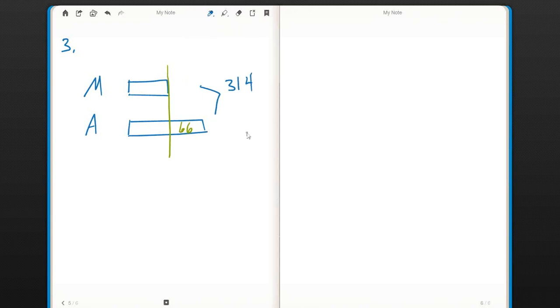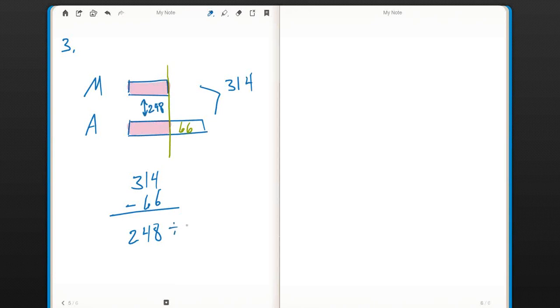Now notice, if I color code this, the morning and part of the afternoon represent the same amount. The afternoon has 66 more than the morning, but if I got rid of those 66, the two would be the same amount. If she sold 314 bottles and you subtract 66 from that, then you come up with 248. And what you realize is that the 2 pink parts represent 248 bottles sold.